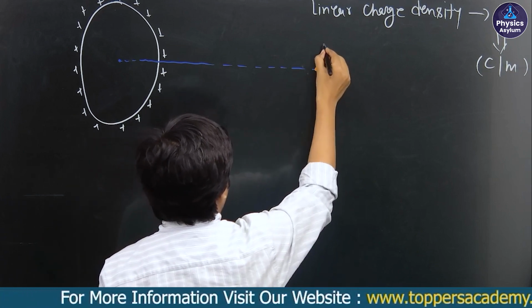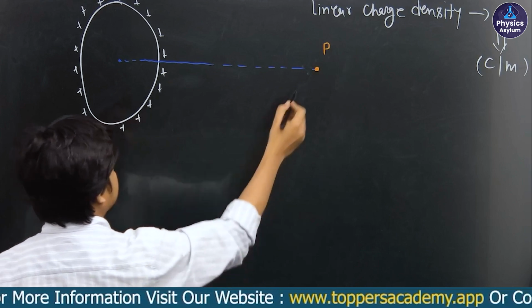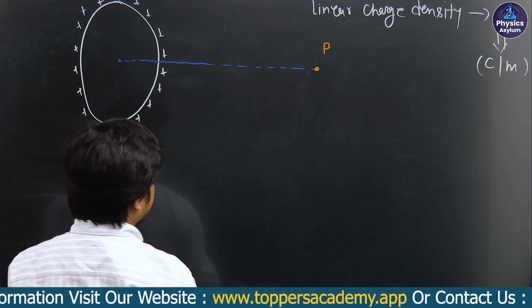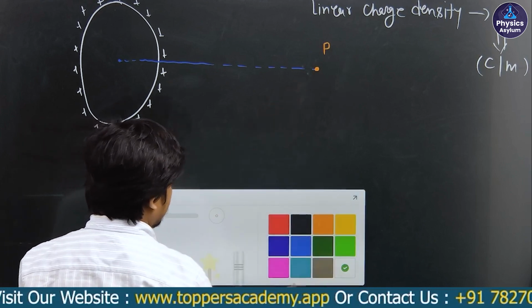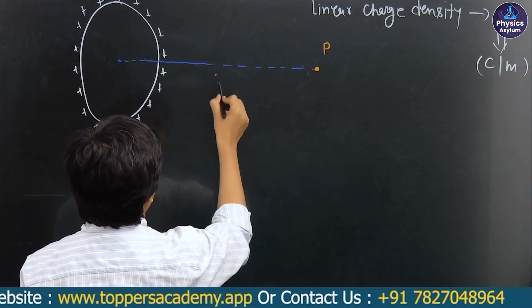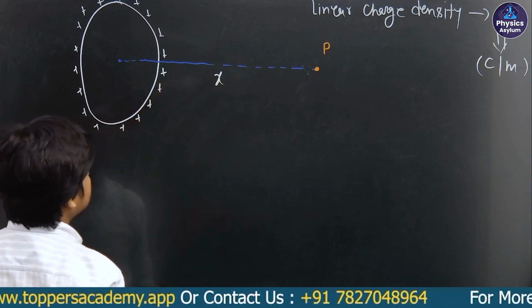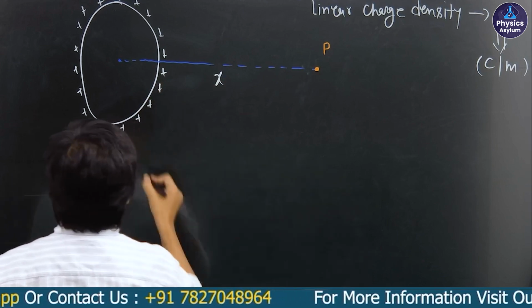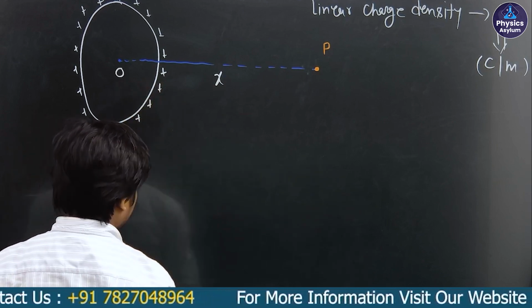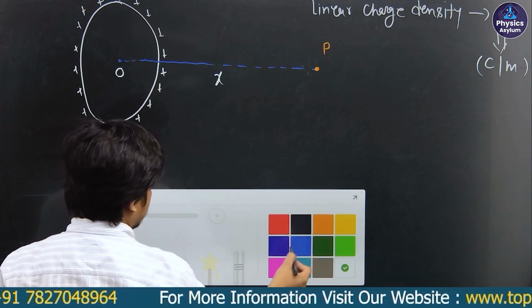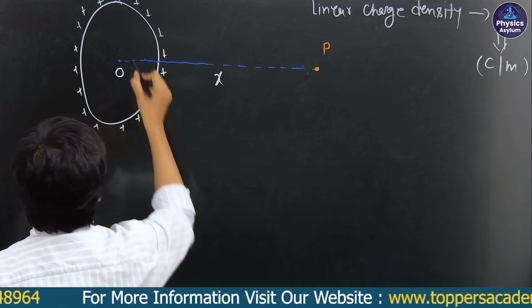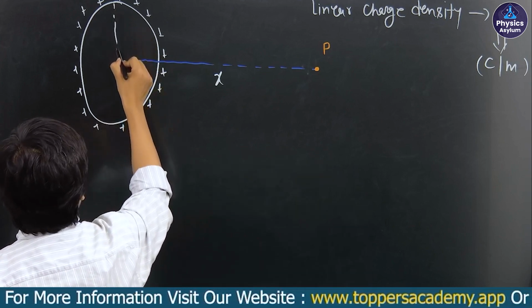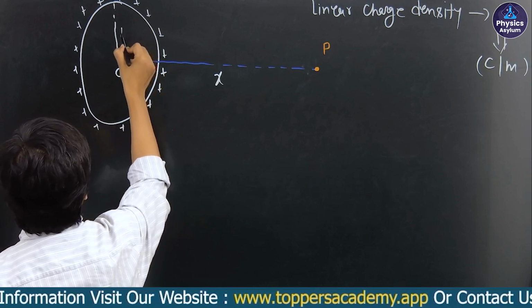So I want to calculate the electric field at this point P, which is at a distance x from the center of this ring. Let me take this center as O. One more thing I have to consider here is that the ring has a radius r.